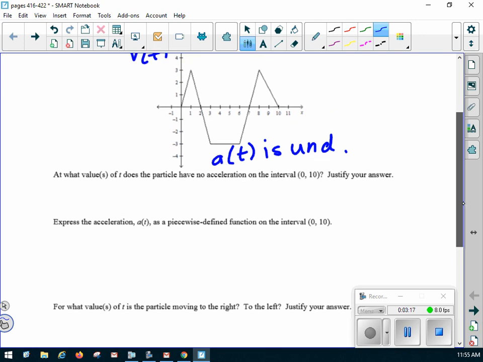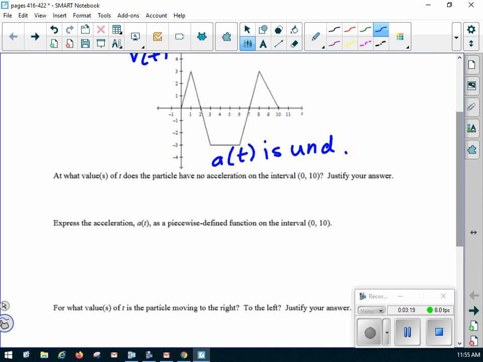That's what you're being asked to find. Are there any places on that graph, and remember that's velocity, where a of t is undefined? Why 1 and 8? Oh, so you're saying that the velocity is not differentiable at those two places. Good.